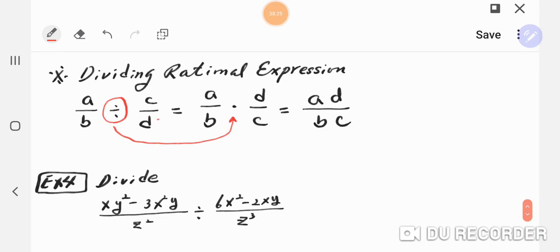Then the fraction after it will interchange c and d, so d over c. So once we convert division into multiplication, the second fraction is flipped. So we have a over b times d over c, and then multiply the numerators, so ad over bc. This is pretty straightforward. So let's use this definition to do example 4.